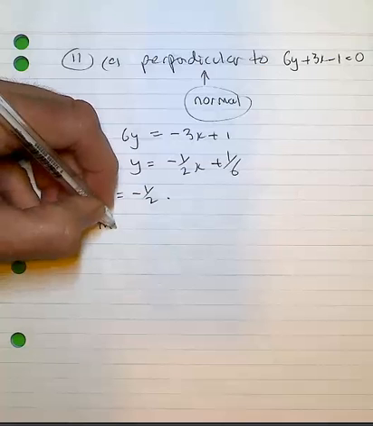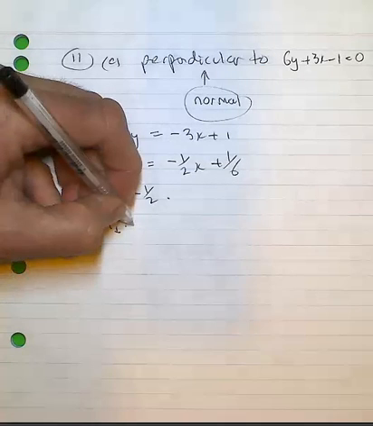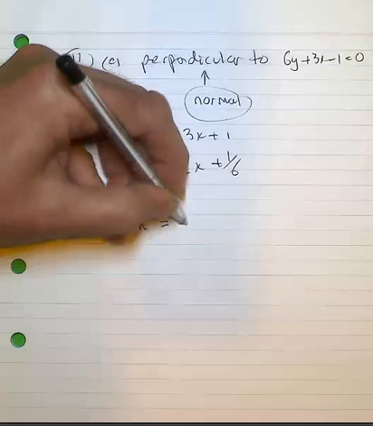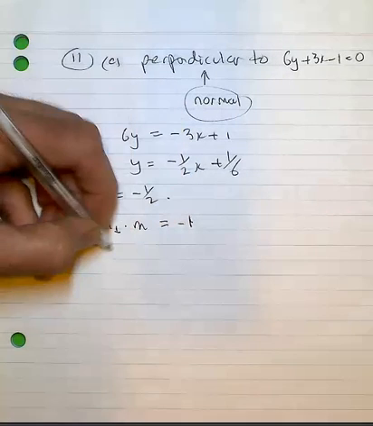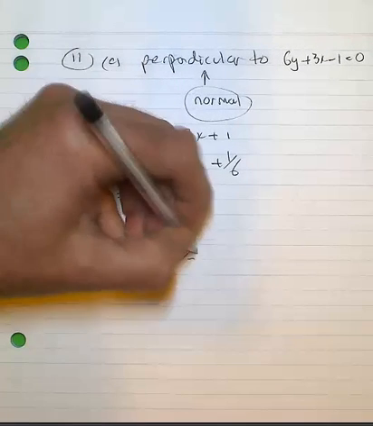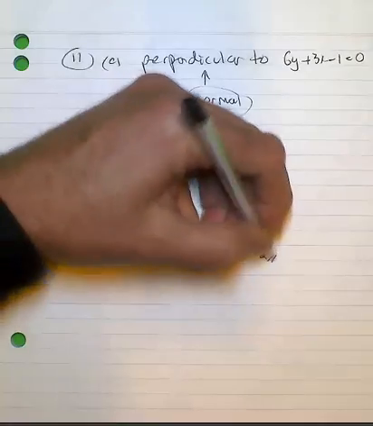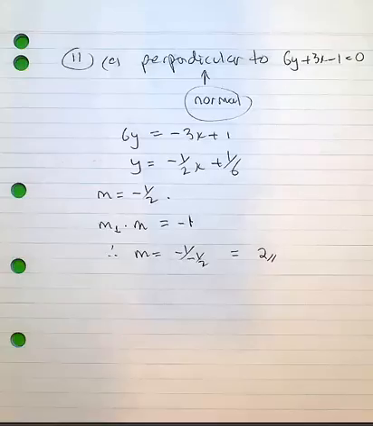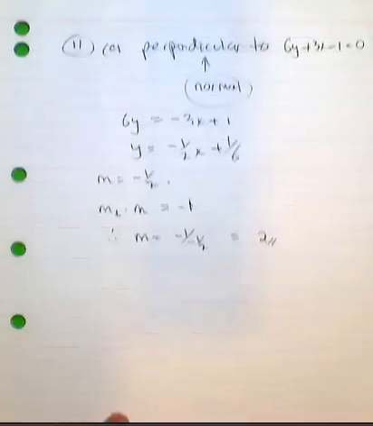Now, as I hope you remember, the gradient of the tangent times that is equal to negative 1. So therefore, negative 1 divided by negative a half gives us the gradient of the tangent, 2. I can now work with that in order to solve and then find the x value.